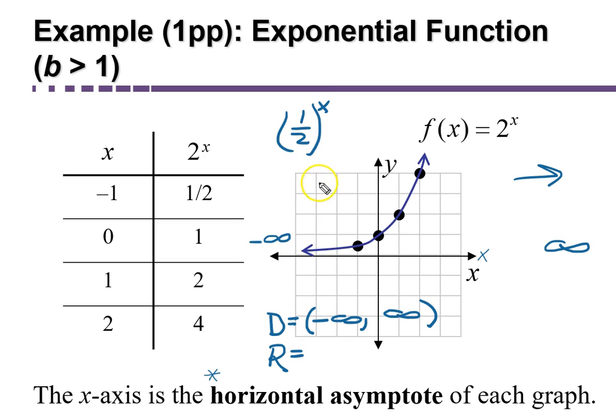Now, the range, though, remember, what value is the y here? Well, the axis itself is 0, but this line never reaches 0, so we use a parenthesis for 0, and then it's going to go up to positive infinity in this direction.